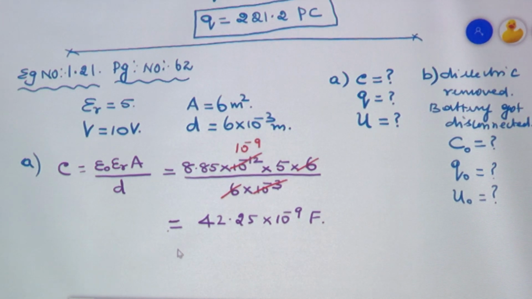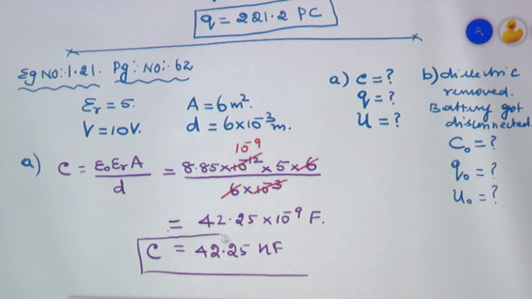When you consider your answer, it is 44.25 into 10 power minus 9. Writing 10 power minus 9 as nano, you can write it as nanofarad. So the answer is 44.25 nanofarad, which is the capacitance of the parallel plate capacitor with the dielectric medium.